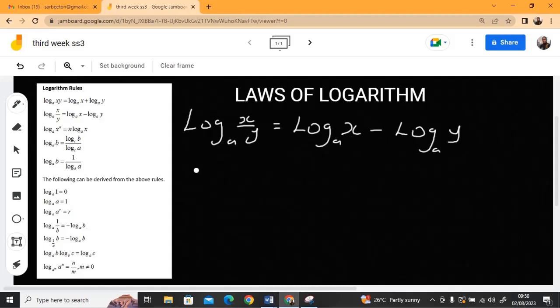For example, if someone gives you log base 2 of 64 over 4, and they ask you to do this, it's very easy. You can just use it like this and split them.